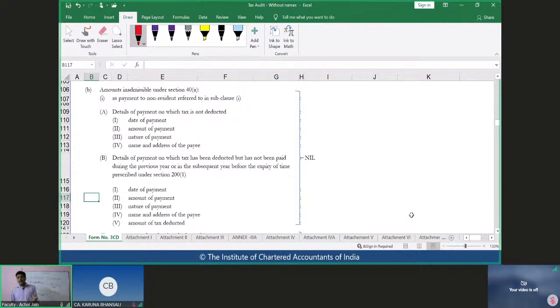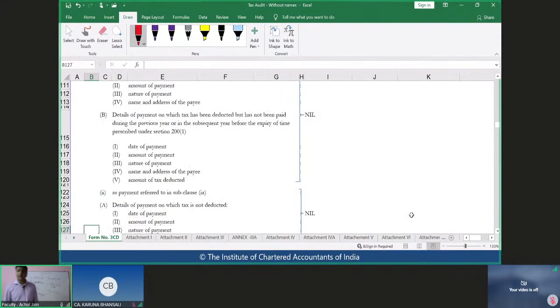Second case, wherein the tax has been deducted but that has not been paid during the previous year or in the subsequent year before the expiry of time prescribed under the section 200. And there again we need to specify the date of payment to that party or to that person, nature of the payment, amount of the payment, name and address of the payee, amount of tax deducted.